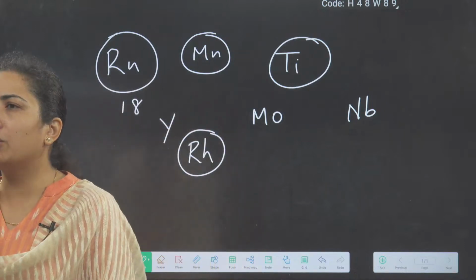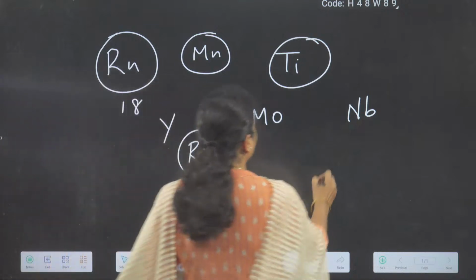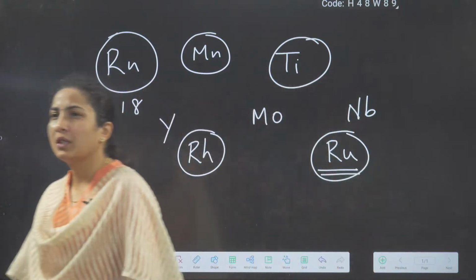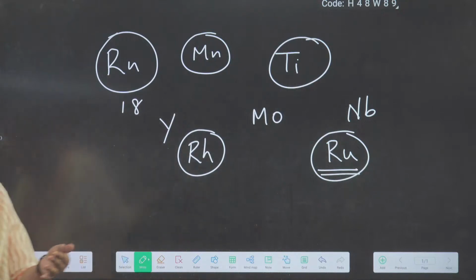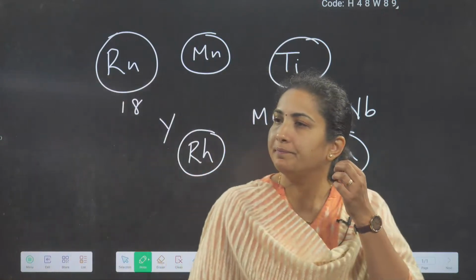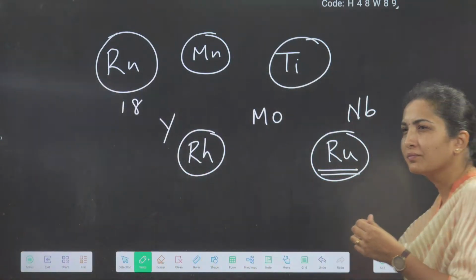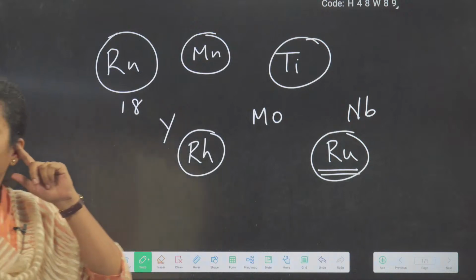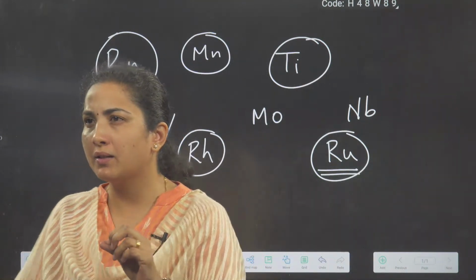Can you tell me the name of the element whose symbol is Ru? Suryansh, it's not rubidium, beta. Ruthenium is absolutely correct. Good.